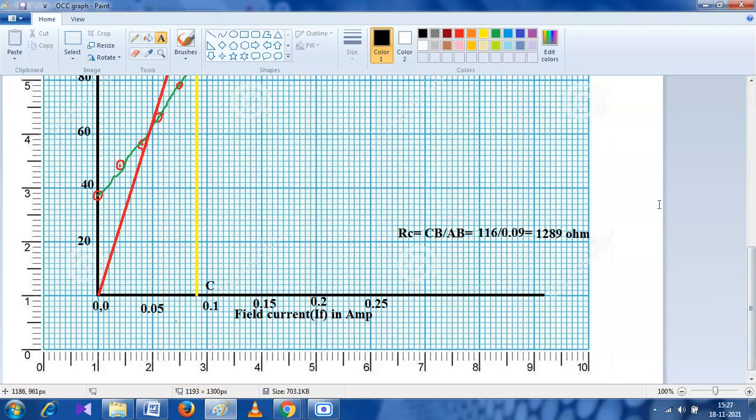Tell me, we are providing the voltage of 220 and the current flowing through the field coil is 0.28.